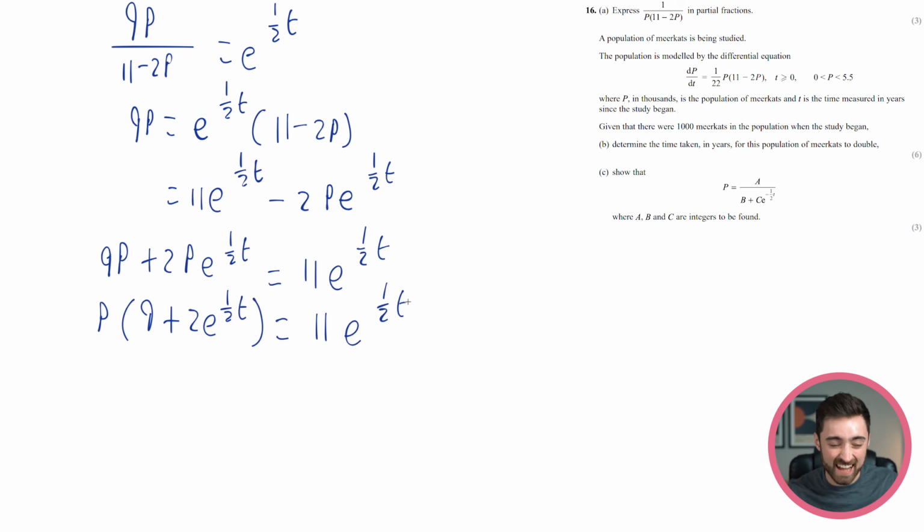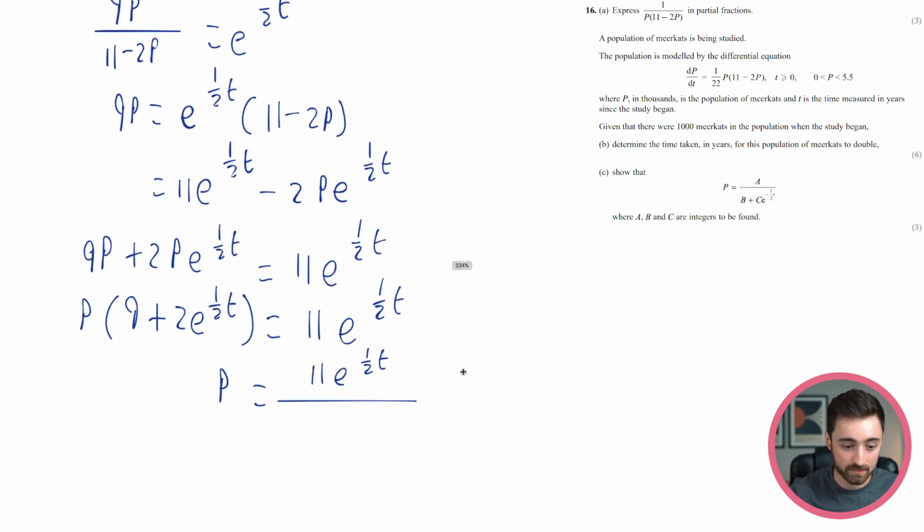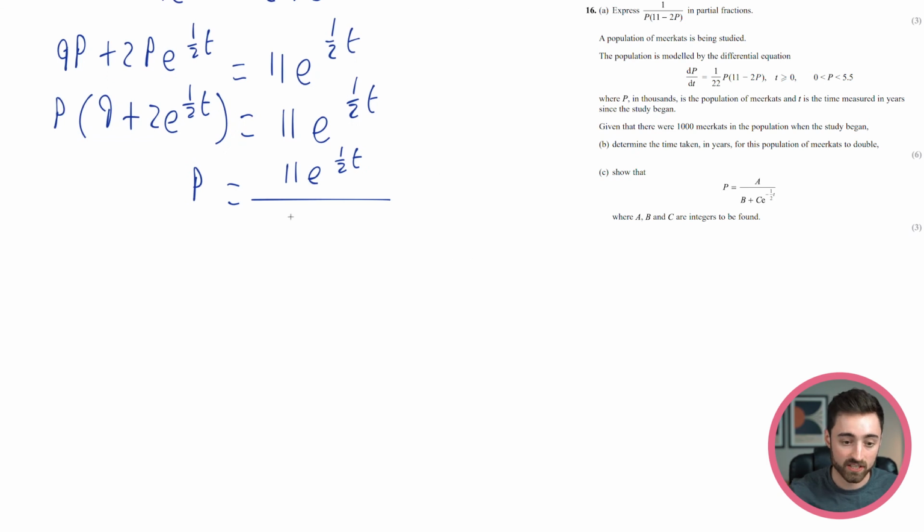I can feel the end. Now I divide by all of this to get p equals 11e to the half t divided by all of this stuff, so 9 plus 2e to the half t. I've got p, but I'm going to just check over exactly the form they want it in.